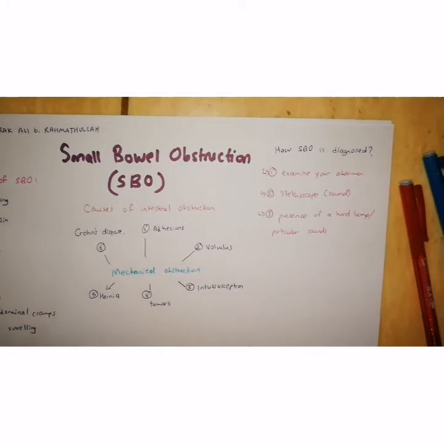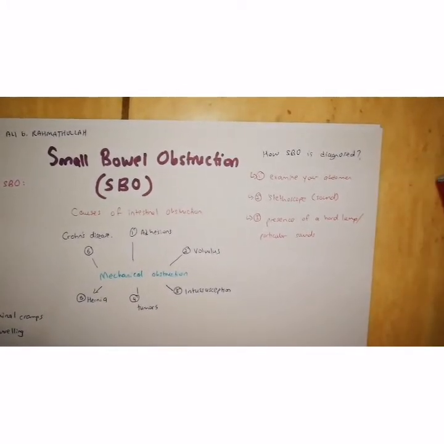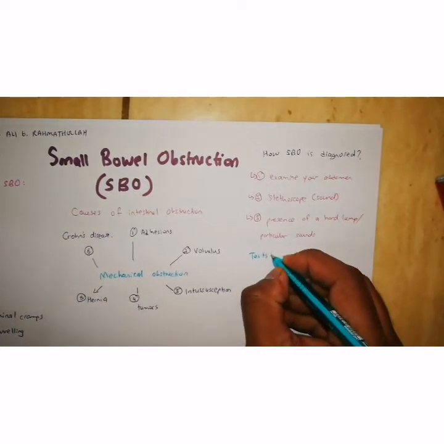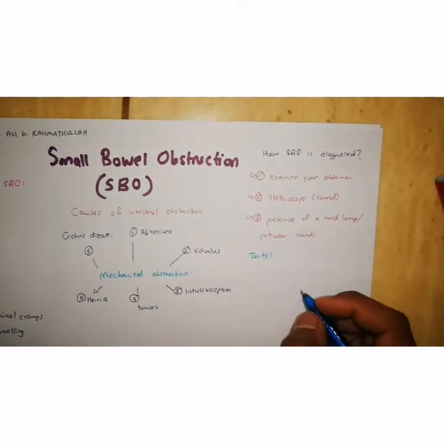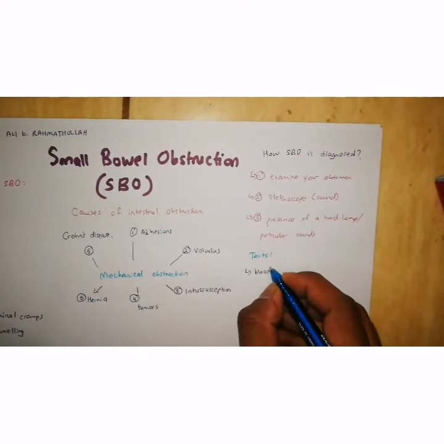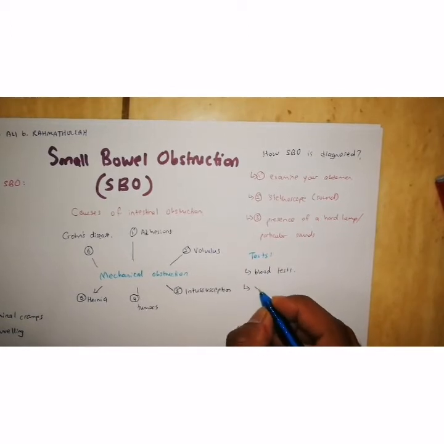Okay, next we're going to talk about what are the tests that you can do to confirm SBO. So first of all, they'll let you do some blood tests. Second, you'll have to do x-rays.